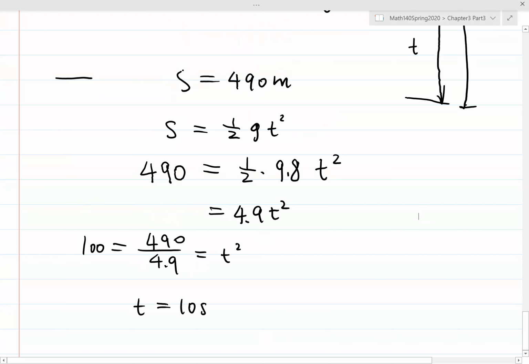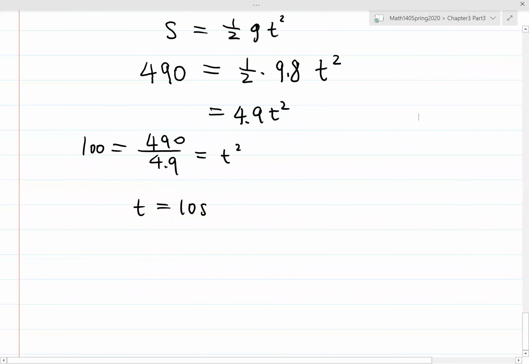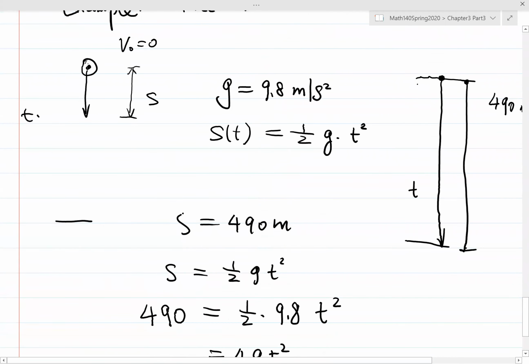It only takes 10 seconds to hit the ground. So the reaction time is really small. Any questions?